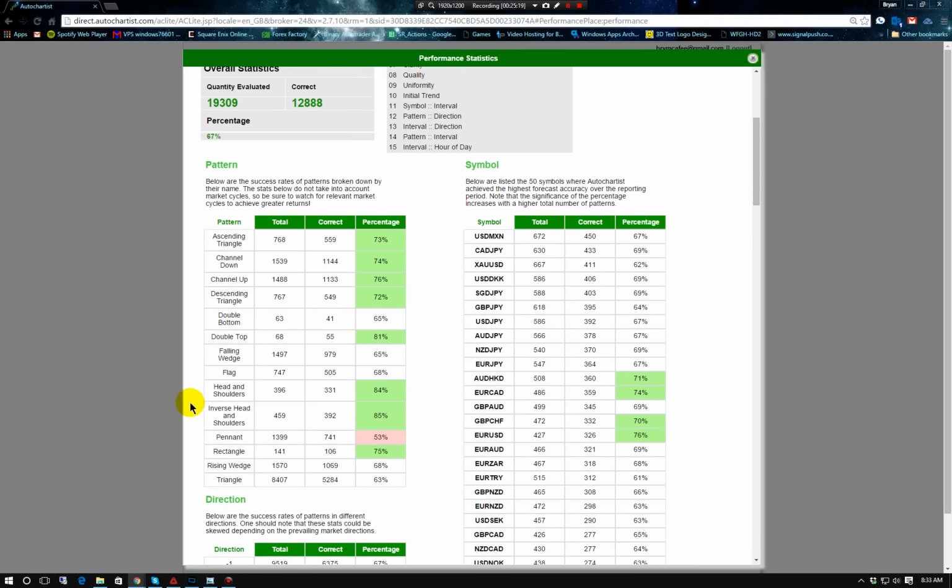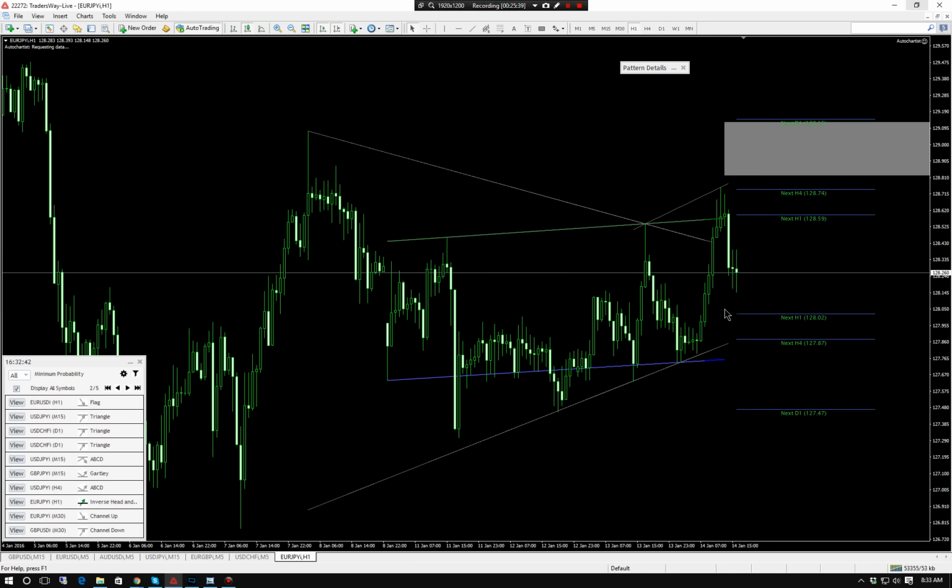So you see how we could jump and check out the pattern's probability of happening. Again, a lot of these alerts are kind of old, so it might have gone in that direction, but right now I'm just trying to show it. I wish this was a little more cohesive, where you didn't have to jump to the website to check patterns like this. Just to see this, pattern details.